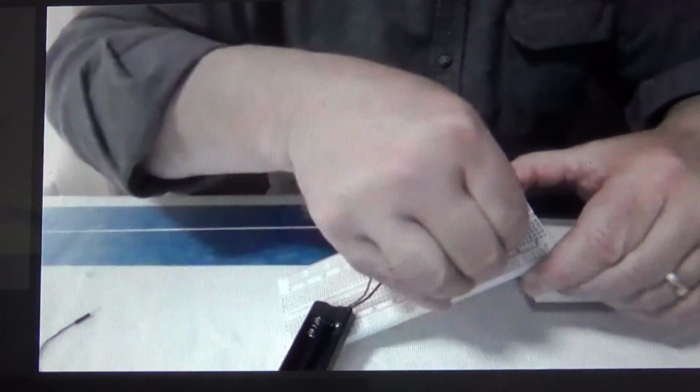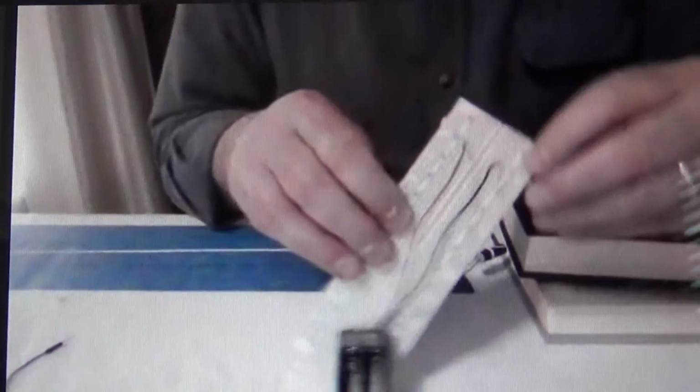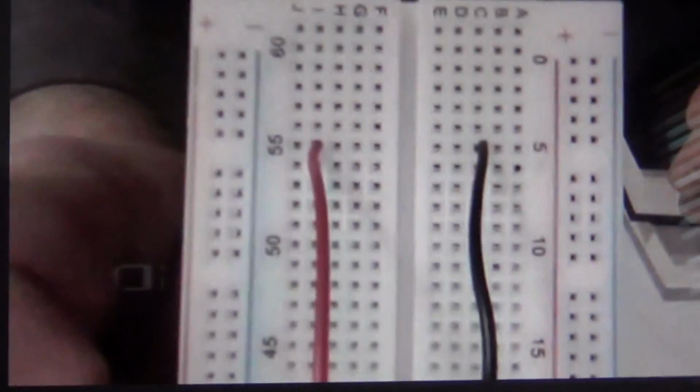Then the black wire, doesn't matter which row you pick, is going to go in one of the rows on the other side of the groove. Okay, so you see that? You have the red wire on one side of the center groove and the black wire on the other side.